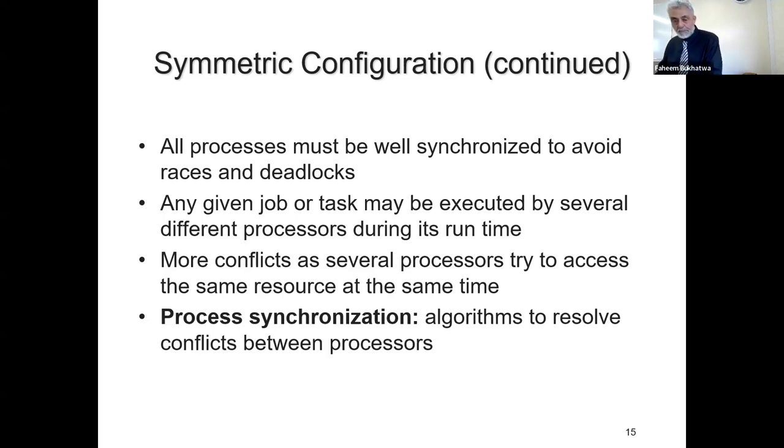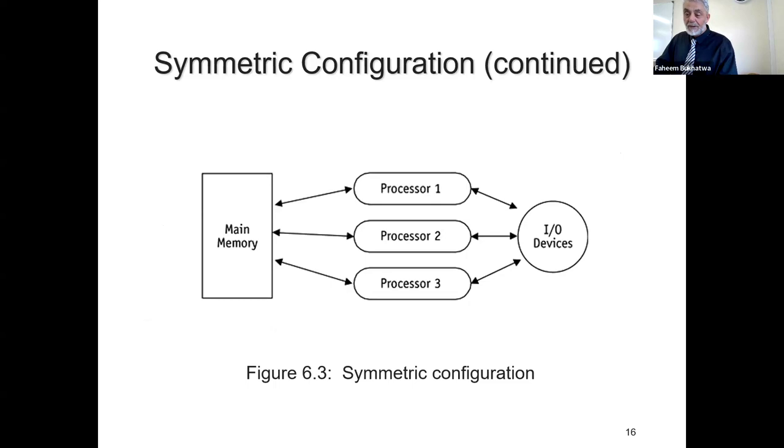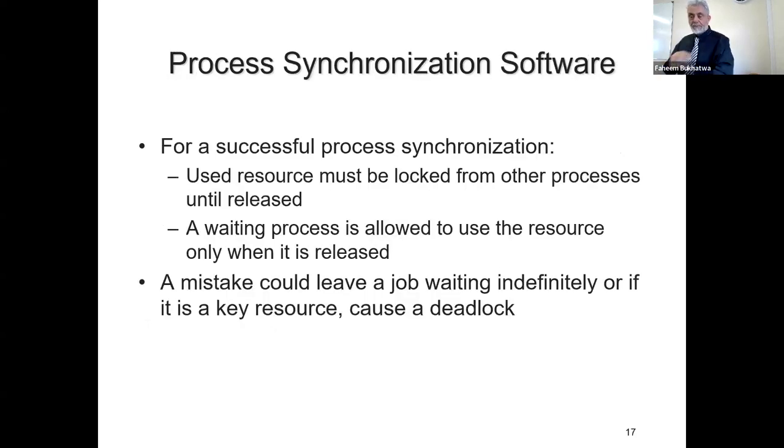Any given job or task may be executed by several different processors during its run, and it becomes more complex as several processors try to access the same resource at the same time.